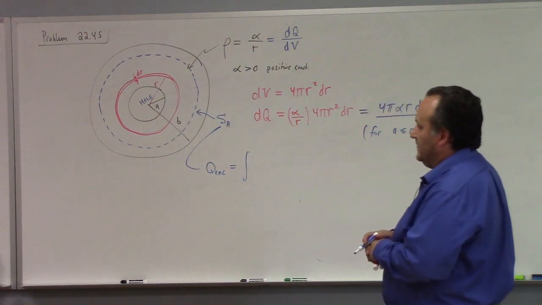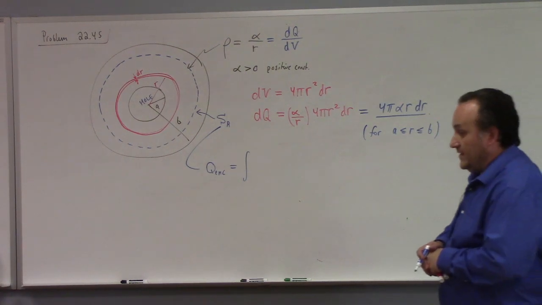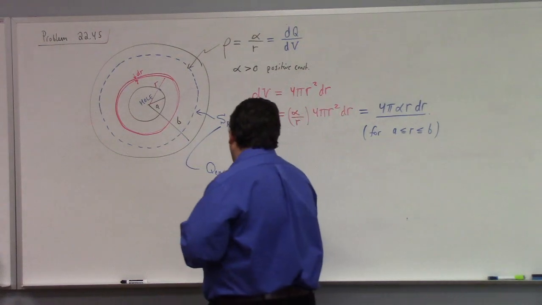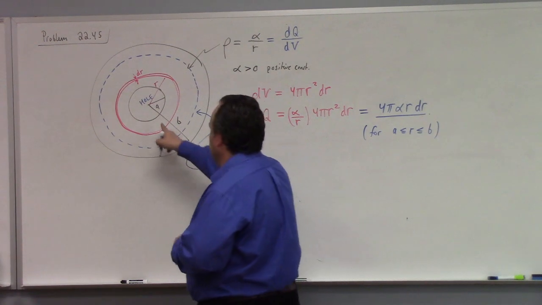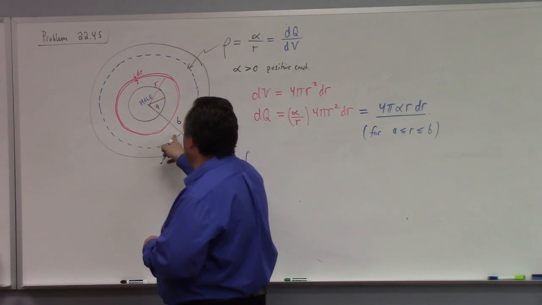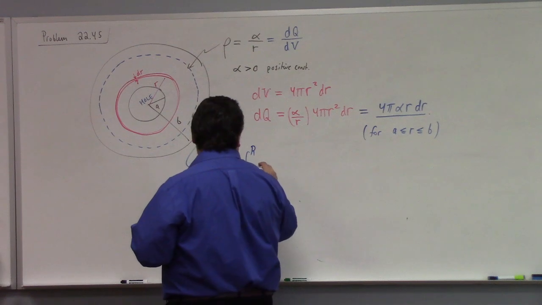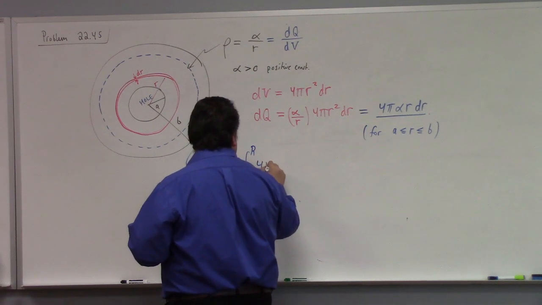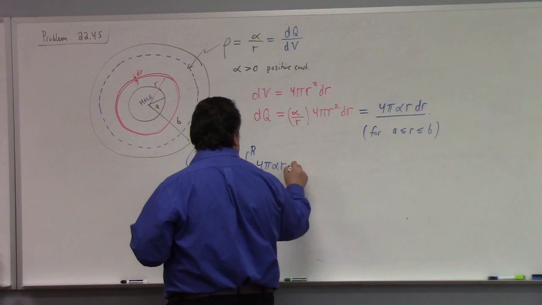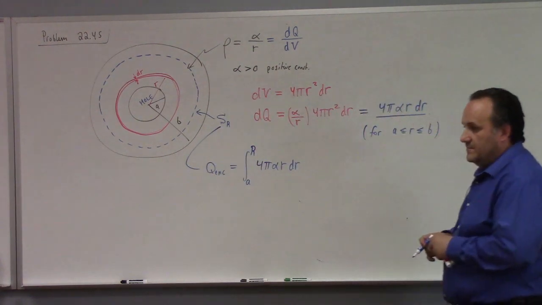I need to add up the charge on all the little spherical shells, starting at A, that's where it starts, all the way out to here, which is big R. So from A to R, I have to integrate 4 pi alpha r dr. And that will give me the charge enclosed.